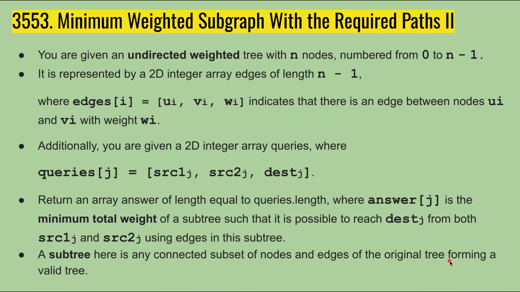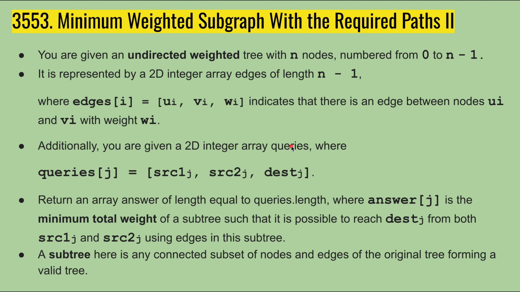So we have a weighted undirected tree and multiple queries, each containing source 1, source 2, and the destination. You need to find the minimum total weight of a subtree such that source 1 and source 2 can reach the destination using paths in the subtree.